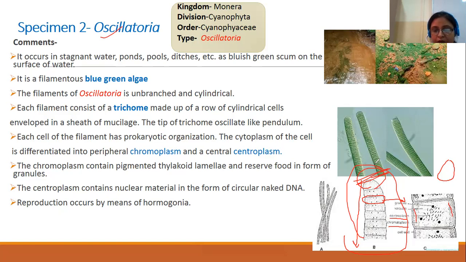And the centroplasm contains circular naked DNA without any nuclear membrane. So it's a feature of a prokaryotic cell.